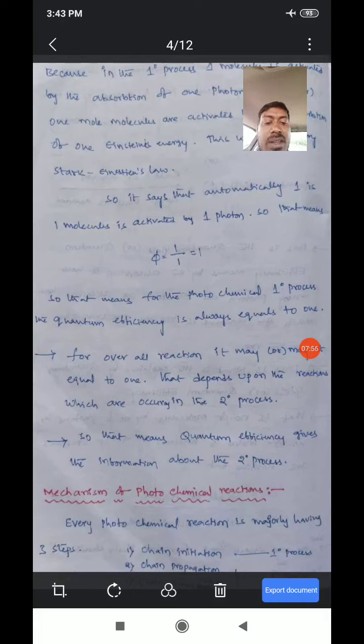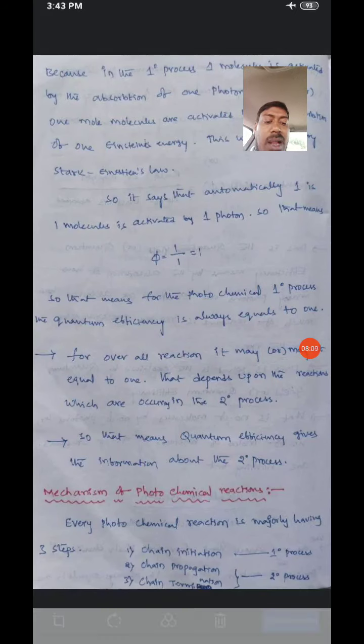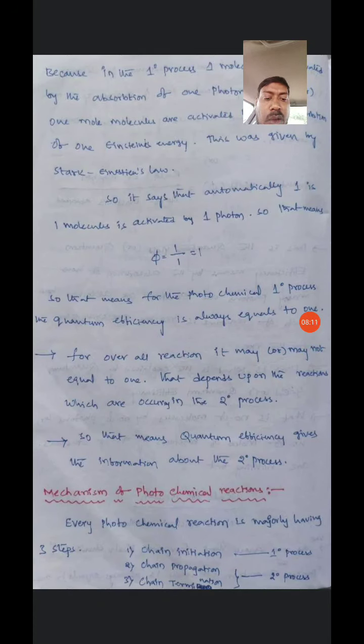But for the overall reaction, it may or may not be equal to 1. That depends upon the reactions which are occurring in the secondary process.